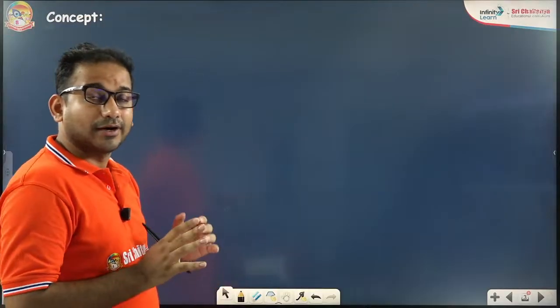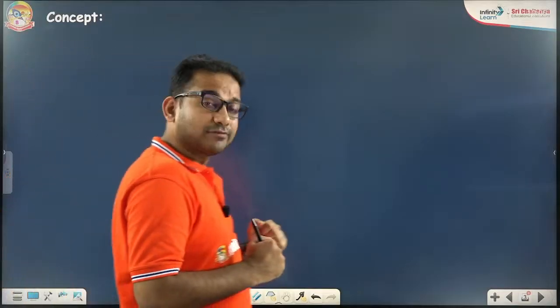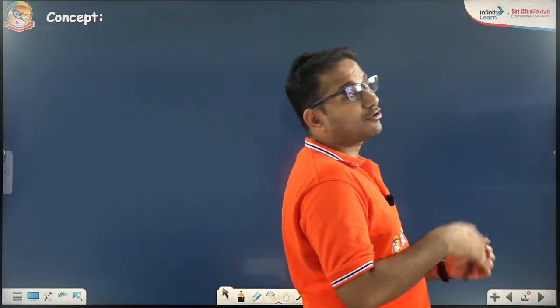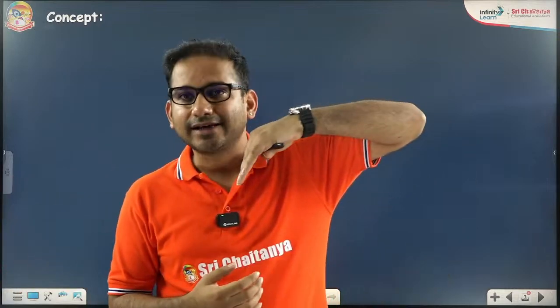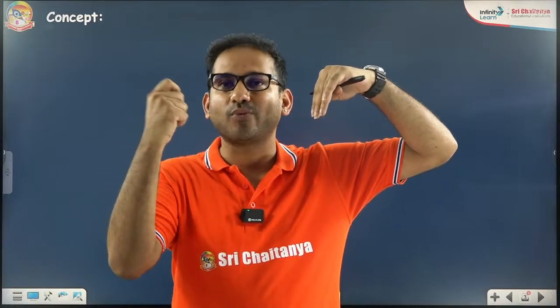But as of now, talking about the same situation, raindrops are falling vertically, but you are walking like this. So the same raindrops will appear to be hitting you in an inclined direction. In order to protect yourself from the same raindrops, you should not hold the umbrella vertical. You should hold the umbrella like this.